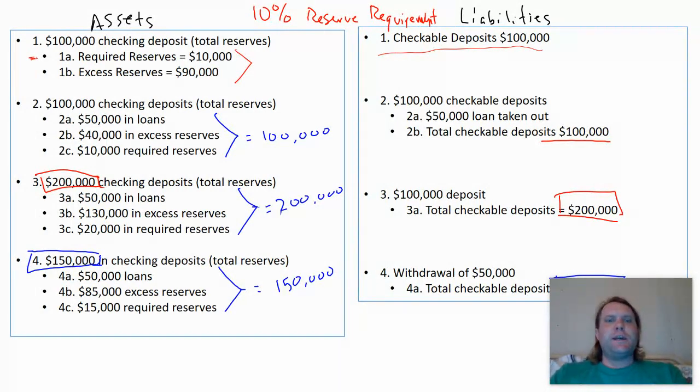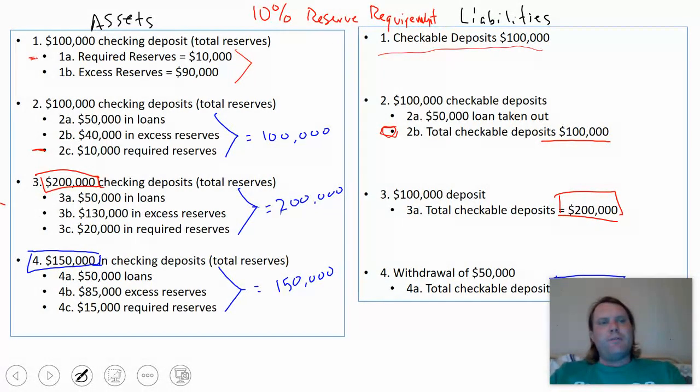In our second step, we have no new deposits, but notice we have a $50,000 loan taken out. We want to keep track of our total checkable deposits. Our excess and required reserves are going to change a tad. Our required reserves are not going to change. We still have $100,000 in checkable deposits, so we still have that same reserve requirement.